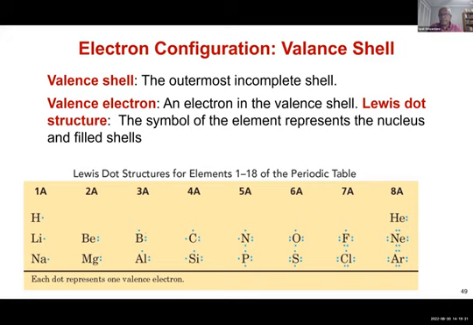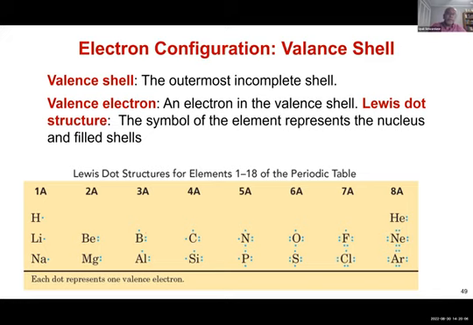Valence electrons are the outermost electrons that go to the highest number shell, the shell with the largest number. For example, for carbon, it is 2. You can go to the periodic table and find out different elements have different valence shells.